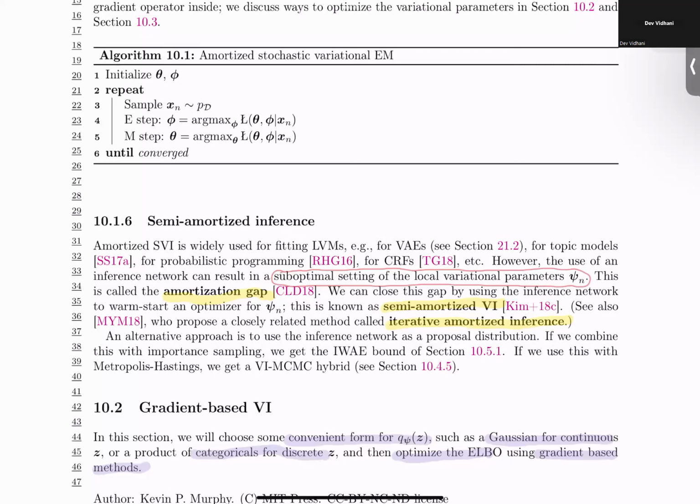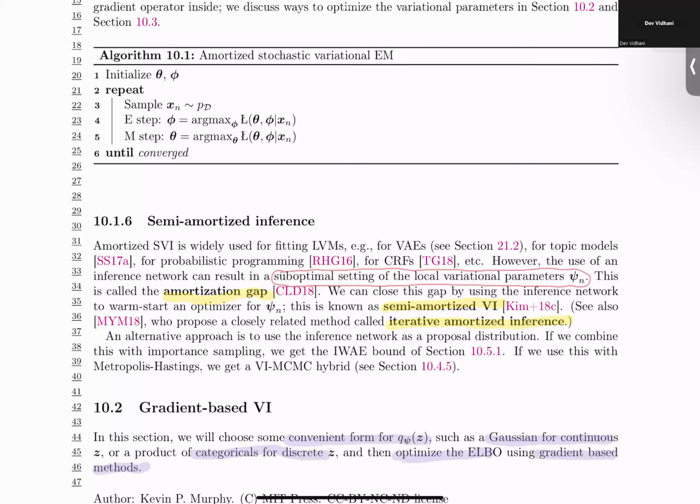In any case, as you notice here, if we amortize in a single iteration like this, where we may have a batch but we are estimating phi for a larger number of variables versus theta, which is a global variable across the entire data set, we might err on the side of estimation of phi, or we may have to do a lot of iterations to get the right estimate for phi, which may defeat the purpose of this inference network.